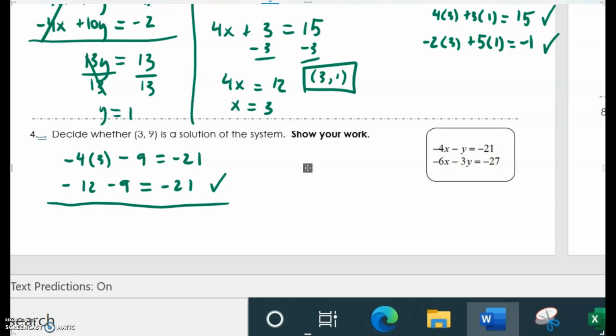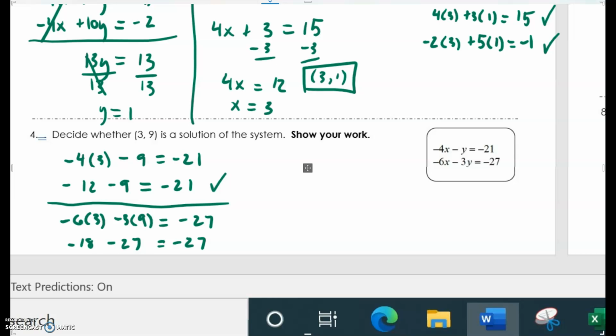Okay, negative 6 times 3 minus 3 times 9. Does that equal negative 27? Negative 6 times 3 would be negative 18. And then negative 3 times 9 is negative 27. Does that equal negative 27?